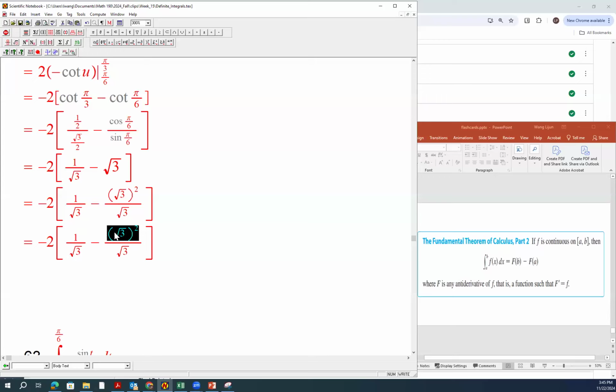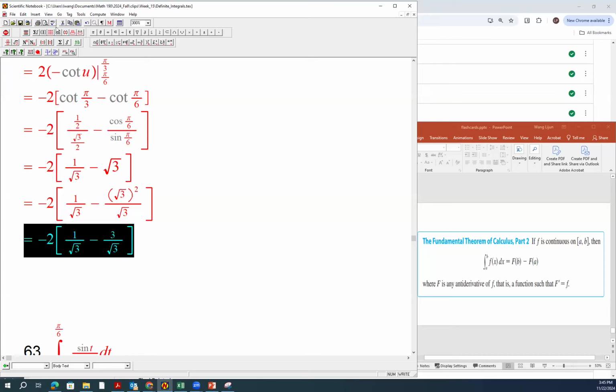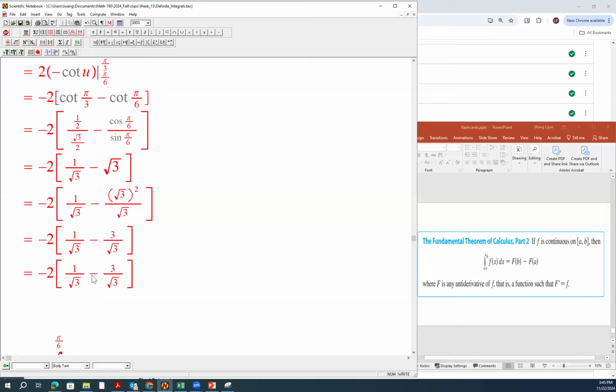Root 3 squared is 3, so 1 minus 3 is negative 2, so that's going to be a positive 4 over root 3. Done.